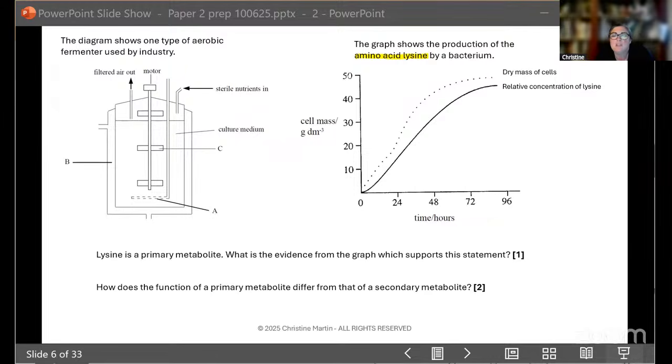I know A must be to do with an oxygen supply because I know that microorganisms need oxygen to do aerobic respiration, and I'll show you as we go down with these questions.